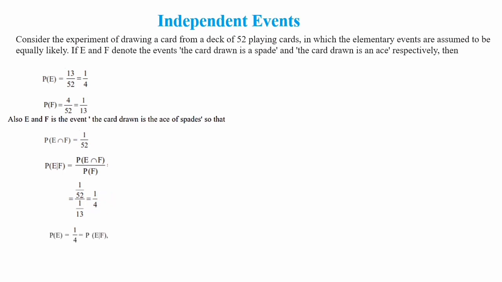Here P of E is equal to 1 by 4, which we calculated before, and P of E given F is also 1 by 4. So both probabilities are the same.